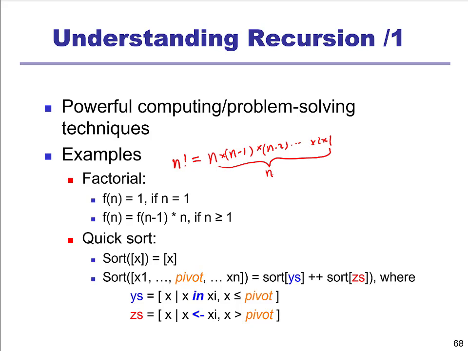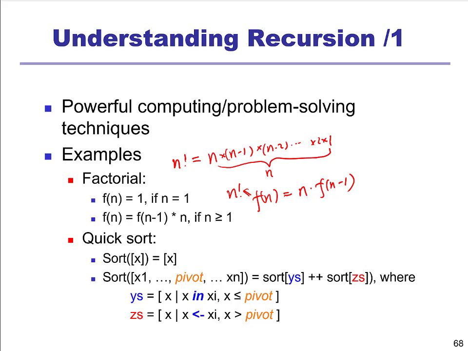But if we write this factorial into this form, essentially f(n), the factorial of n, equals n times f(n minus 1).